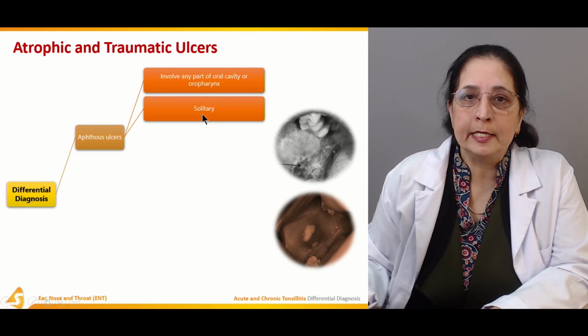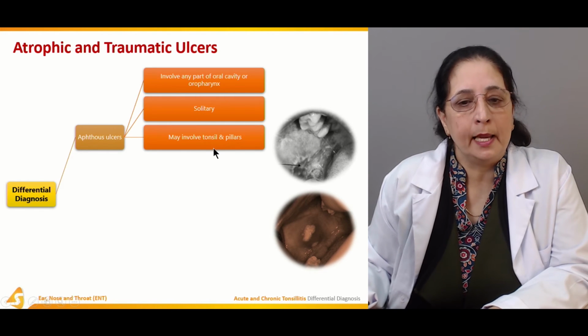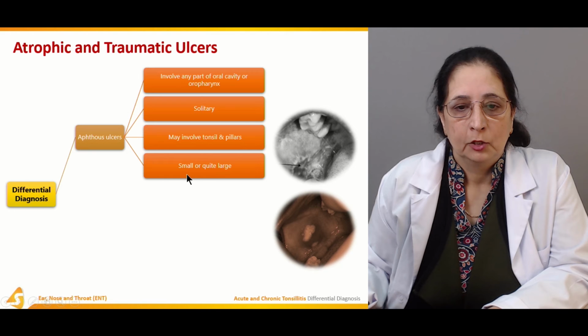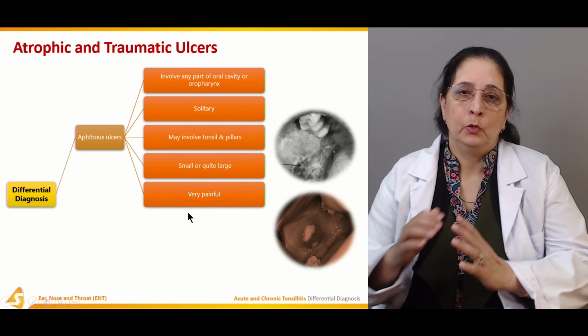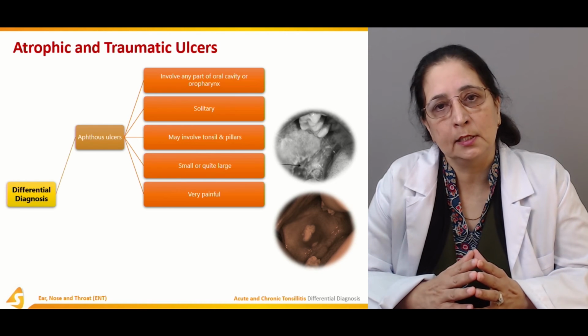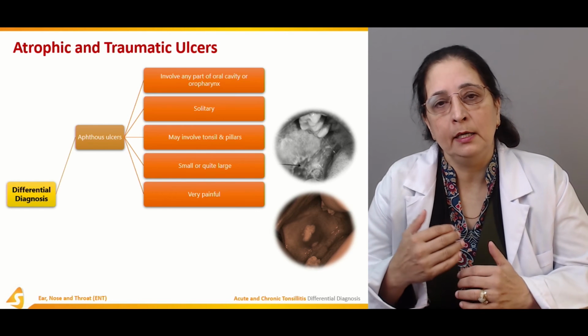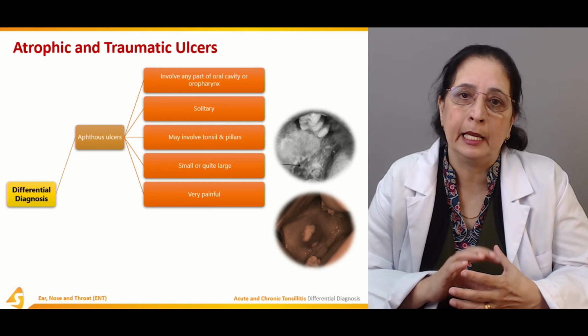They are solitary, single, may involve the tonsil and pillars, small or quite large, very painful. So aphthous ulcers can also involve the tonsils. They can be described in the differential diagnosis.